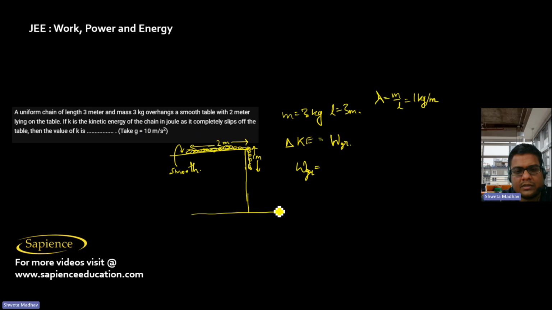So here, let's say here is the ground, 3 meter. So simply, or we can say the gain in kinetic energy equal to loss in potential energy, loss in gravitational potential energy.